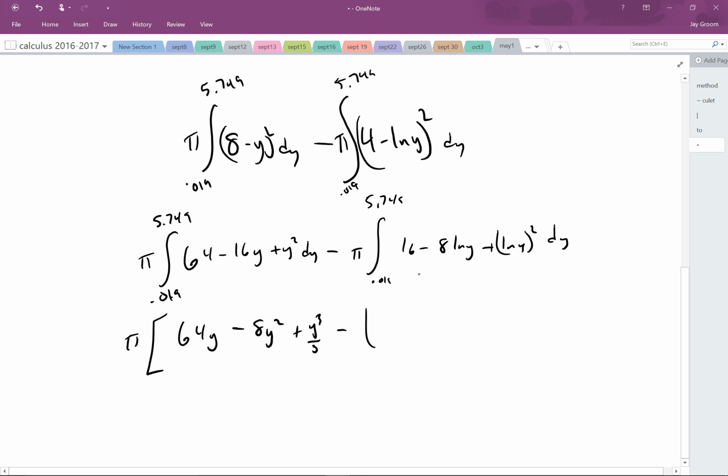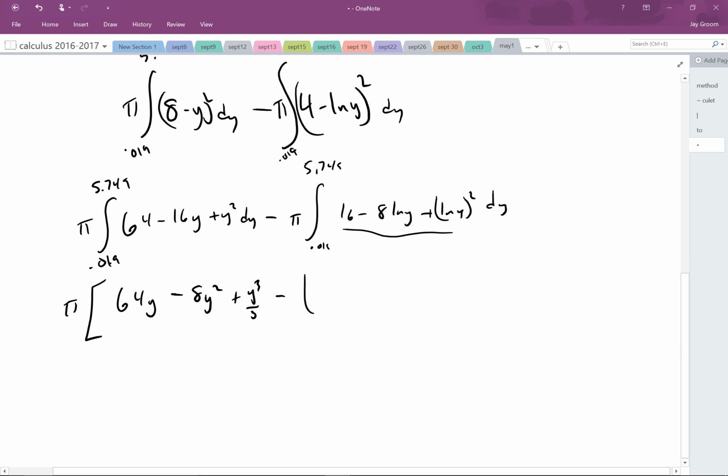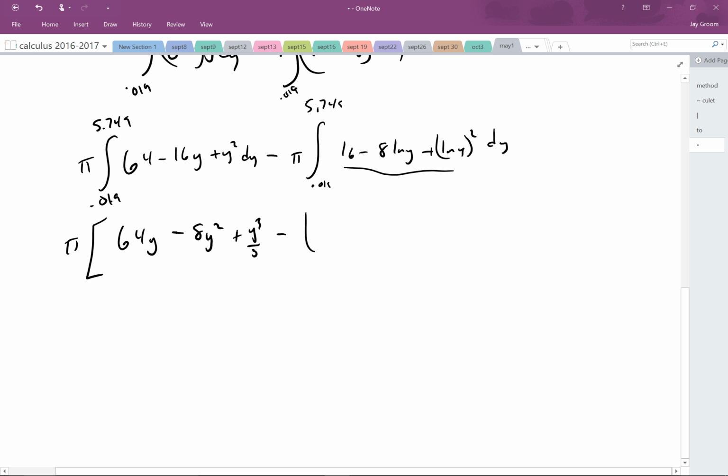Then I'm going to find this value in here, subtract them, and evaluate the whole thing all at one time because I'm lazy, let's be honest. So it's going to be 16y, and then, what's the antiderivative of ln of y? Turns out it's y ln of y minus y.